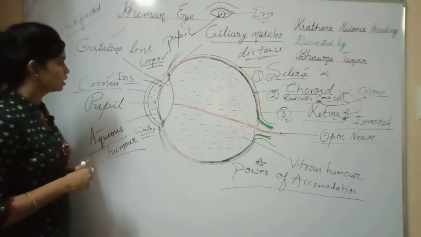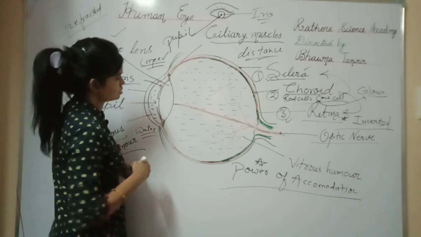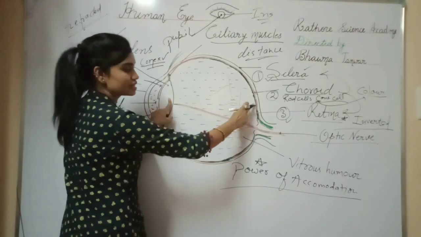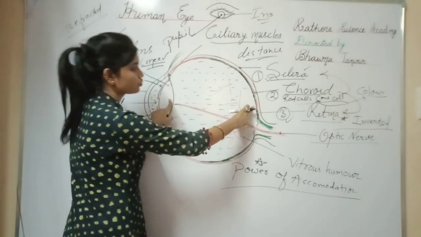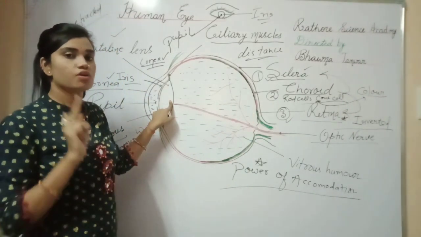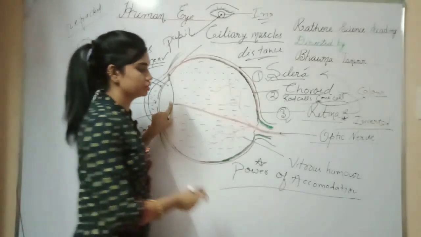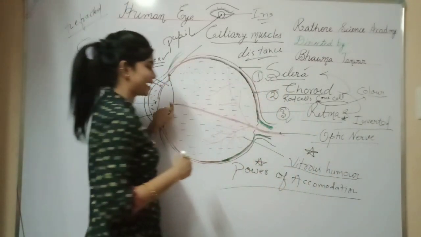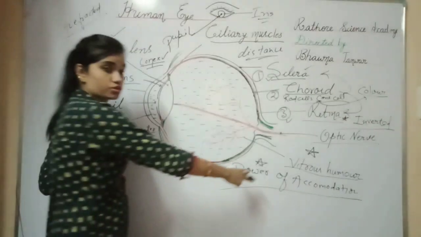Now, if you are able to see, one more fluid is present here in between the lens and retina. This fluid is known as vitreous humor. Don't be confused between aqueous humor and vitreous humor.